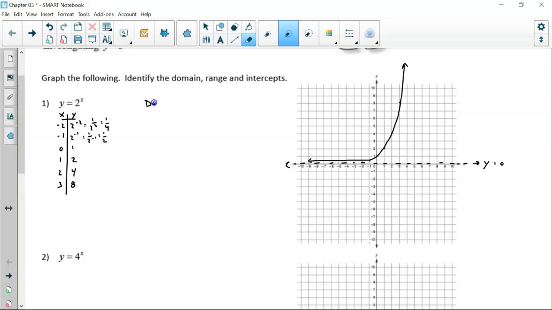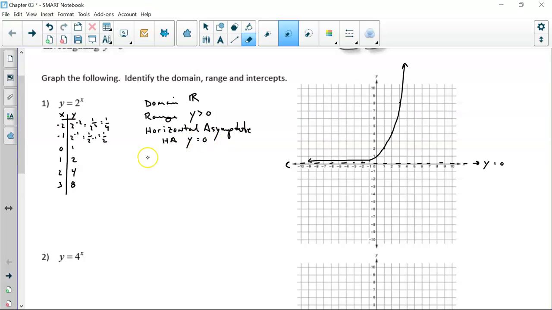So our domain, any value for x we want to, all real numbers. Our range, y is greater than 0. Our horizontal asymptote, I'm going to use the abbreviation HA from now on for that, y equals 0.